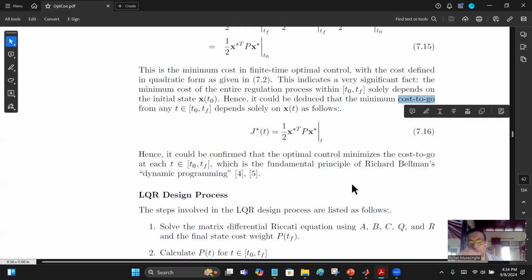It is based on this cost to go, where, say, there are a number of cities, say Colombo, Kandy, Trinco, Jaffna, like that. And somebody has to travel to all these cities, and maybe finally he has to go to Jaffna. So there are a number of ways to get there.